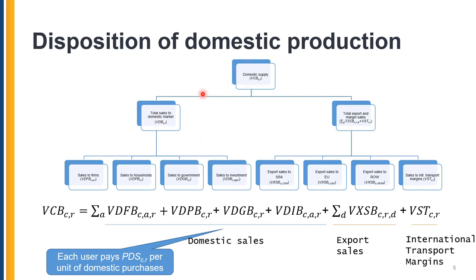Now this branch to this side is just direct sales. So we have the supplier putting something on the market, and then firms, households, government, or investment, the domestic versions of these, make a purchase for it. So there's no intermediaries here, right? There's market clearing between the supply and the domestic demand.